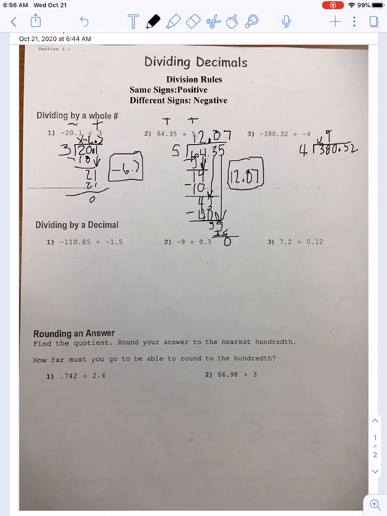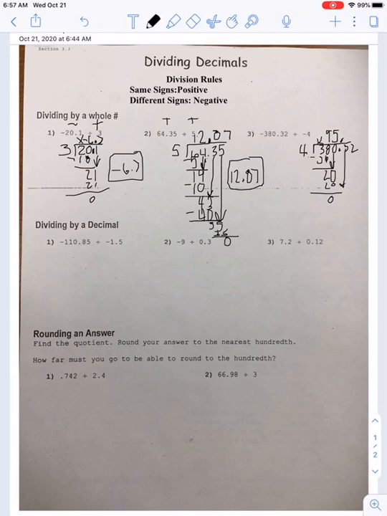4 times 9 is 36. 38 minus 36 will leave us with 2. Bring down the 0. 4 can go into 20 5 times. That'll give us 20. Bring up the decimal point to the answer.